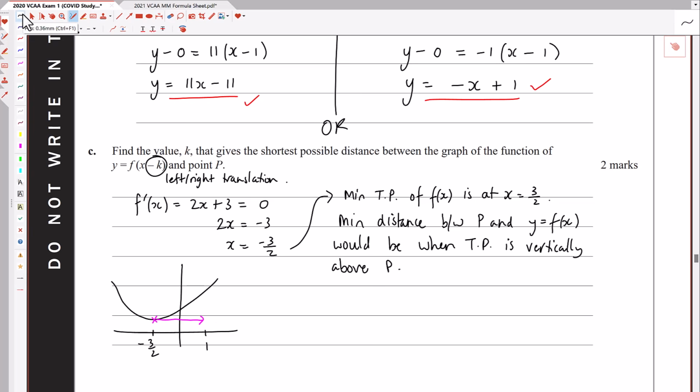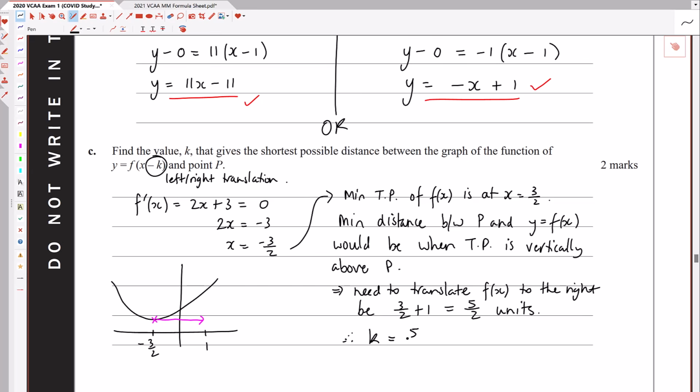This means that we need to translate f of x to the right by 3 on 2 plus 1, which is going to be 5 on 2 units. And so therefore, sorry for the delay, k will have to be 5 on 2.